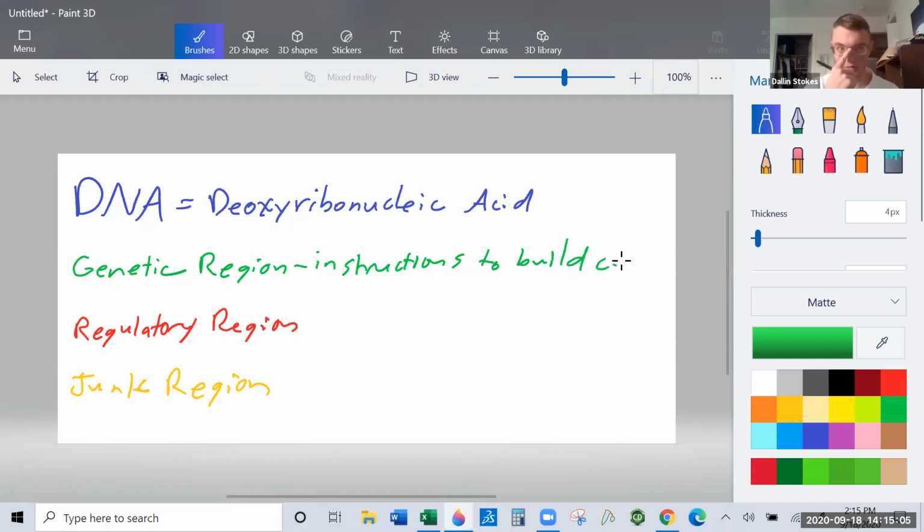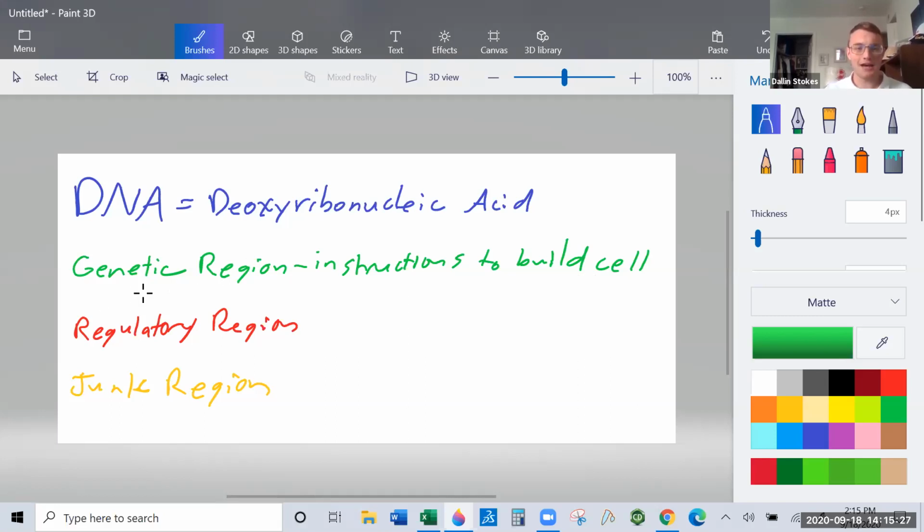Specifically proteins that we'll put in more detail in week 5. The genetic regions contain the instructions on how to build a cell. So in week 5, we'll learn how the cell can use special proteins to read the genetic regions and build proteins based on the instructions contained in the DNA.